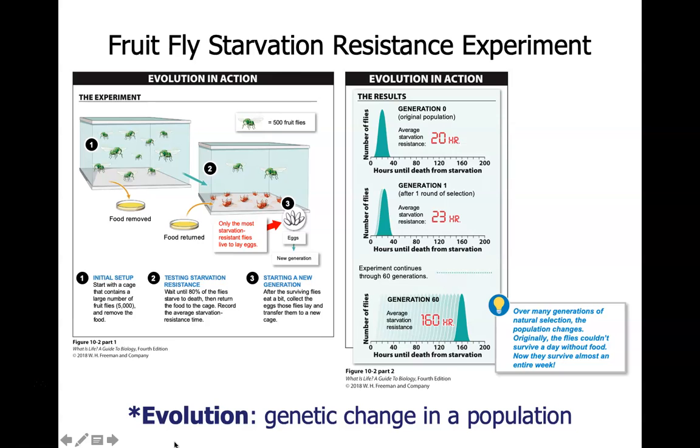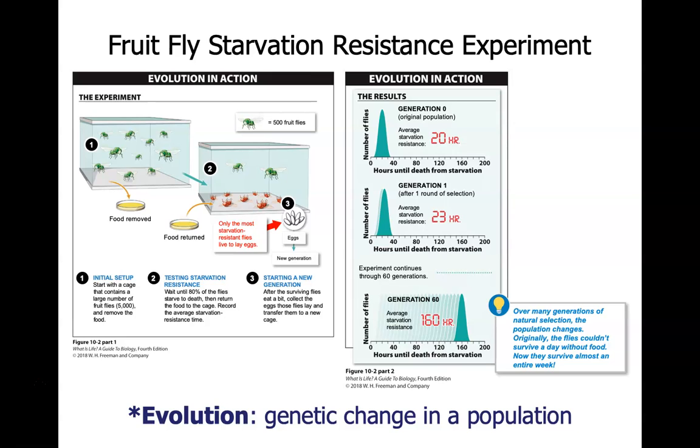After about 80% of the fruit flies had died, they took the remaining flies and fed them, because after 20, 30 hours or so, you want to be fed anyway. They found that they had about 500 flies at that point. The thought here is that there is some sort of genetic component in those flies, a variation in one or multiple of their genes that allows them to survive.